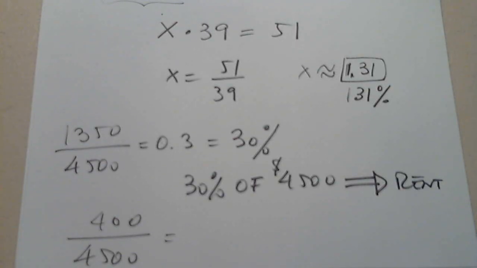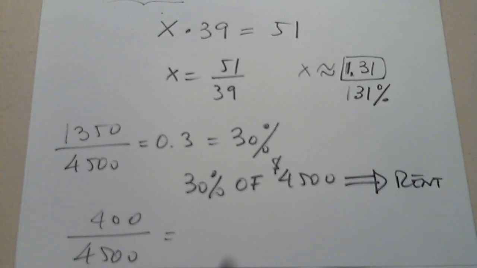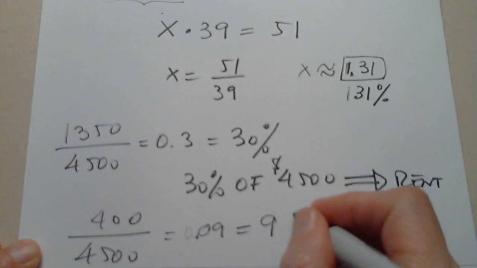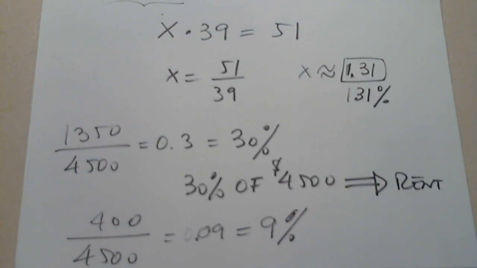She's spending almost 10%. It's 0.09, which is 9%. Close to 10% of her income she spends on food.